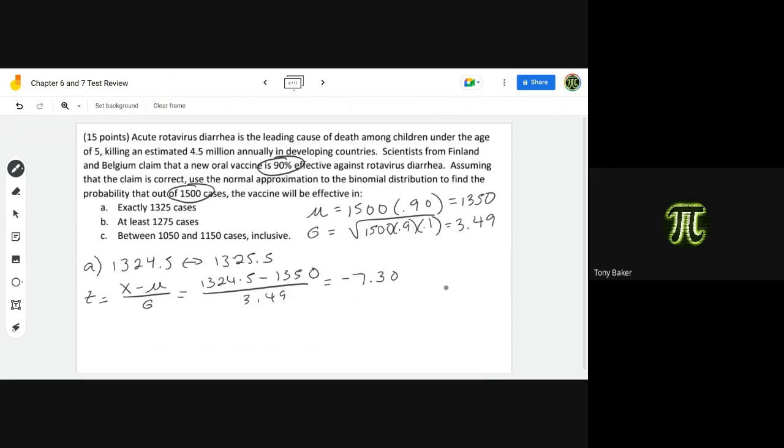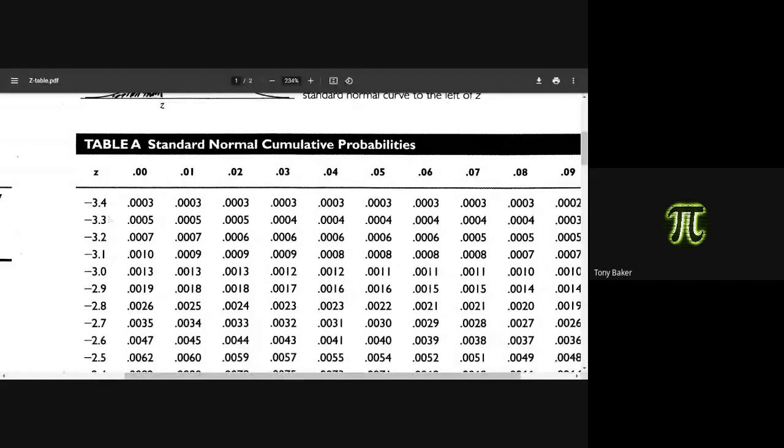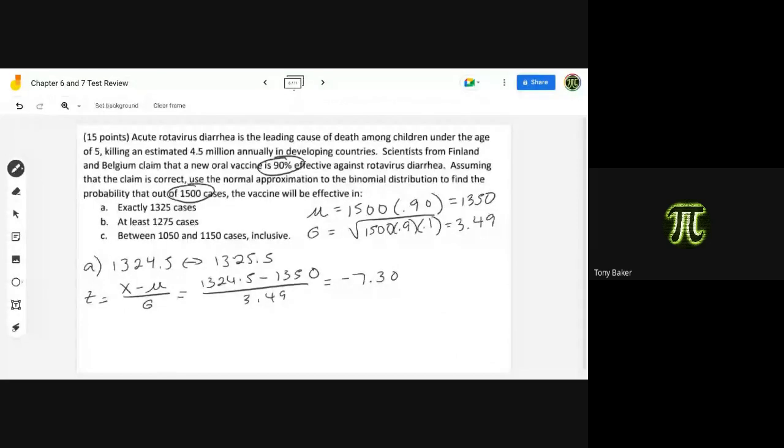Because pretty much, if you look at your z table, it doesn't go below negative 3.5 normally. Anything below that, you can basically consider zero. So in this case, A would be 0.